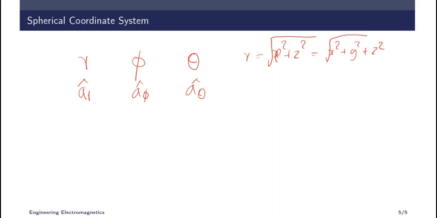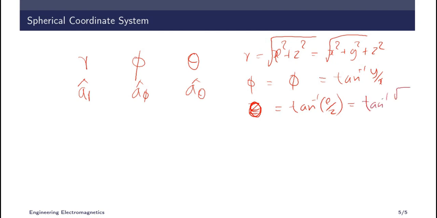Phi is equal to phi in cylindrical, or tan inverse y by x in Cartesian. Theta is equal to tan inverse rho by z in cylindrical, and tan inverse of the square root of x square plus y square divided by z in Cartesian.